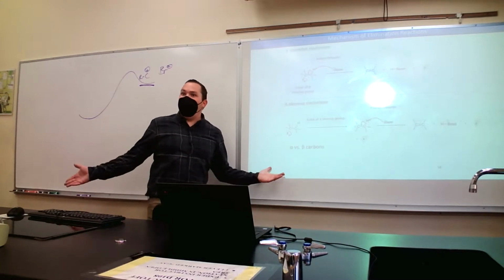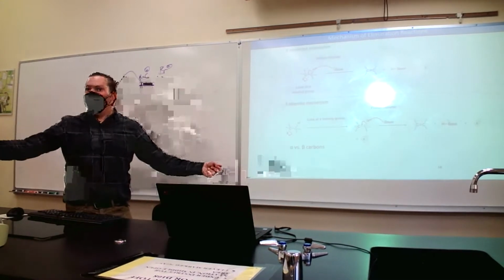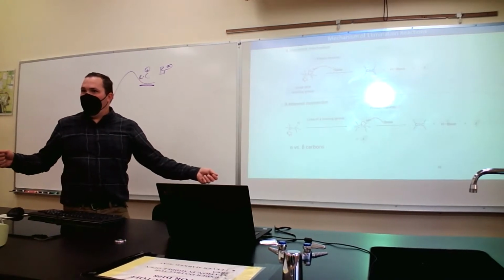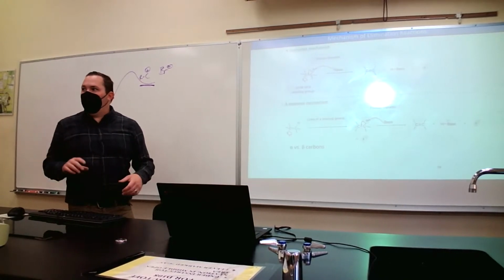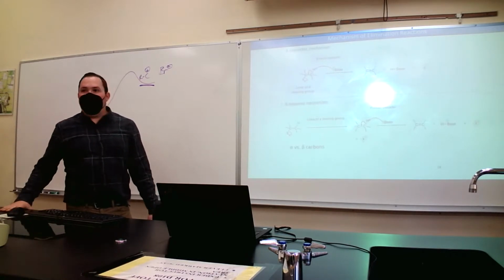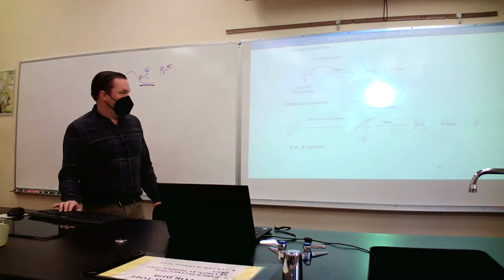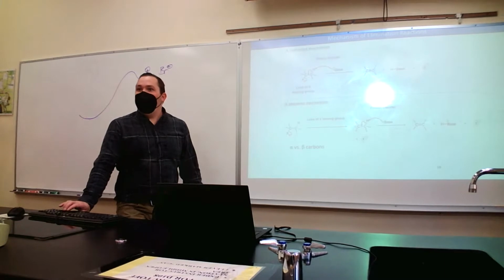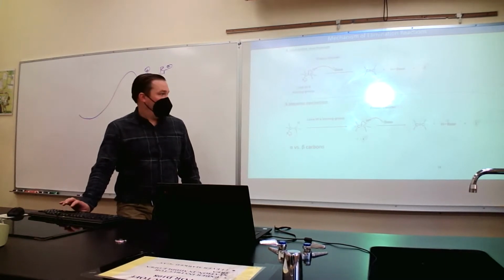So if it's a secondary alpha carbon, then there are going to be 2 beta carbons, 1 in each direction. And then it goes on further, but usually we're most interested in what's closest. So there are some reactions where you have a gamma carbon, but they're pretty unusual. You can have a gamma carbon, it just doesn't usually wind up making any difference for most of these things because it's too far away.